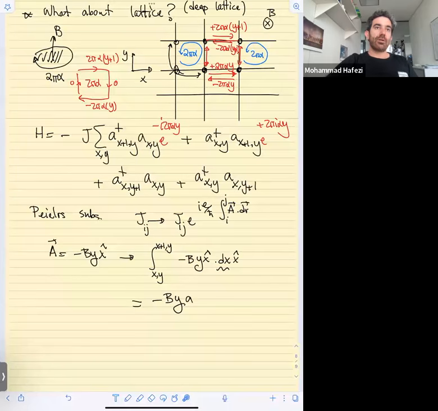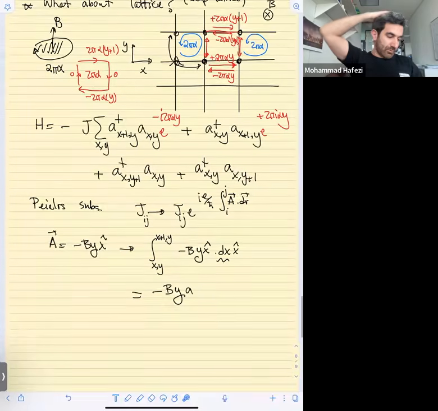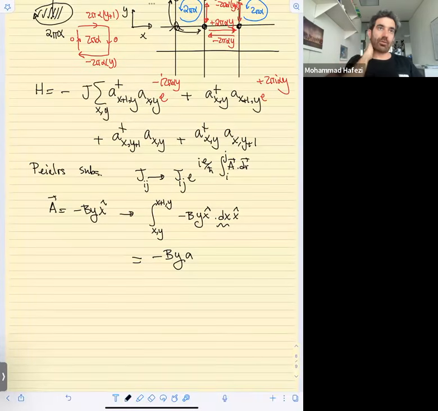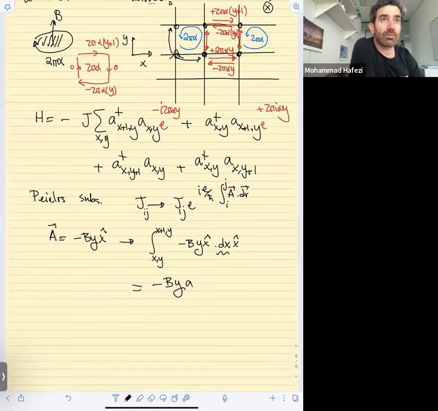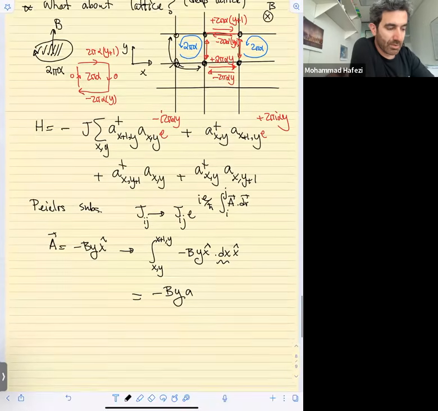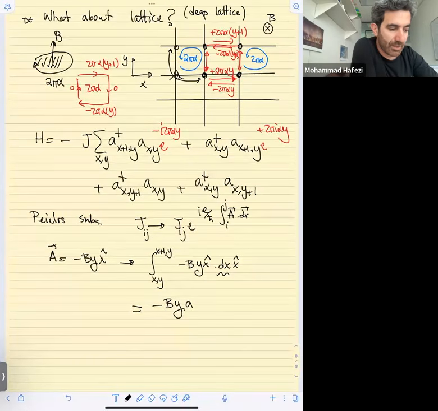So now the total magnetic field in the system is just the accumulation of all these guys. If I have Nx and Ny sites, each of them has a fraction of flux alpha.